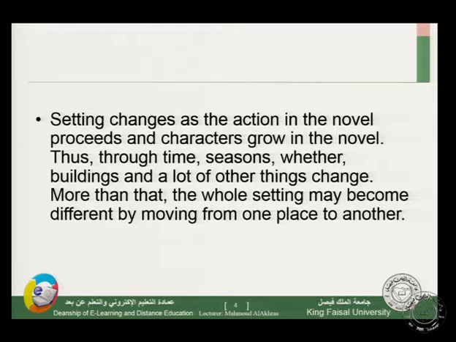If the character in any novel, for example, moves from one city to the other, we have a different setting from this city to the other city.